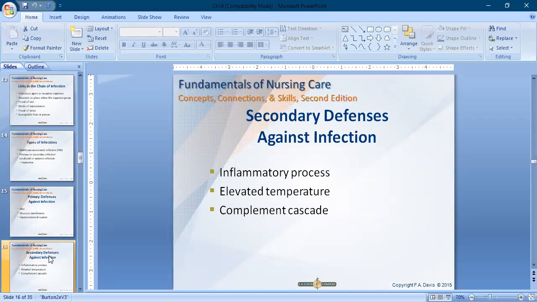When bacteria enter the body, the first cell to come to defense is called neutrophil. Neutrophil is one of the elements of white blood cells. So WBC, especially neutrophil, comes and fights the bacteria.